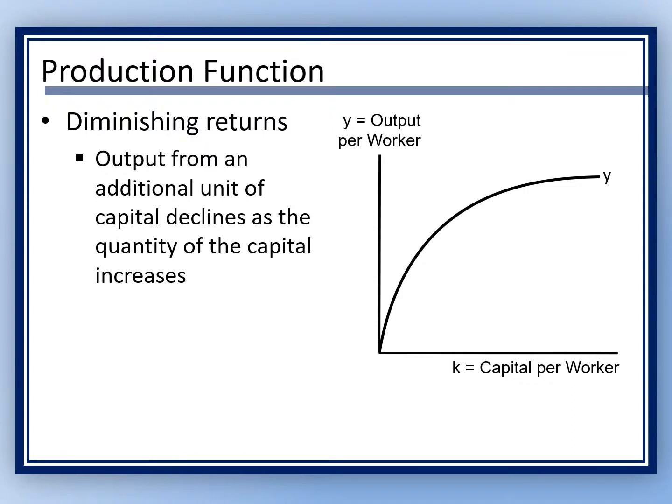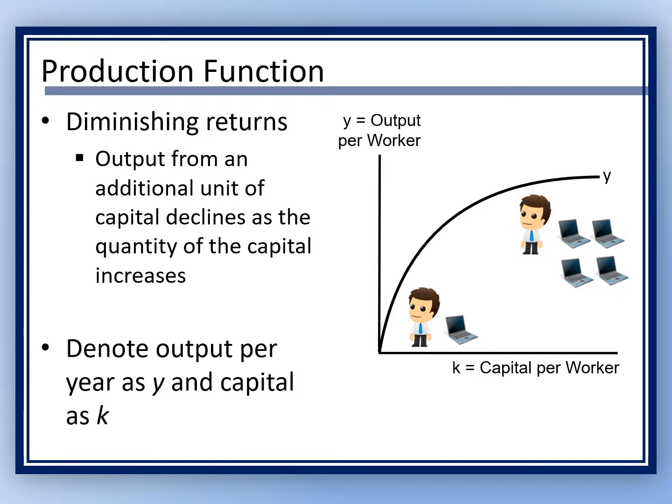So he just does not get a constant amount of additional productivity from having more capital. Eventually, there's a point where he's not really benefiting from more capital, right? Let's just think about when you have one laptop that makes you productive, but 4 laptops doesn't really make you that much more productive. That's the idea, diminishing returns, right?